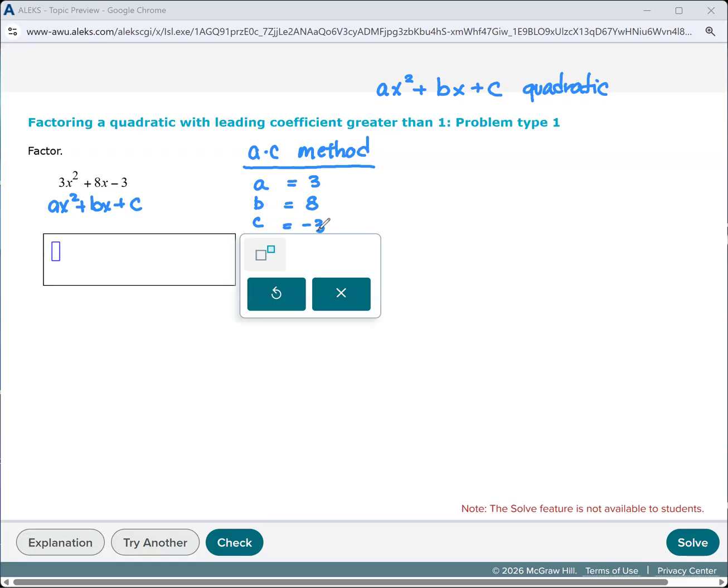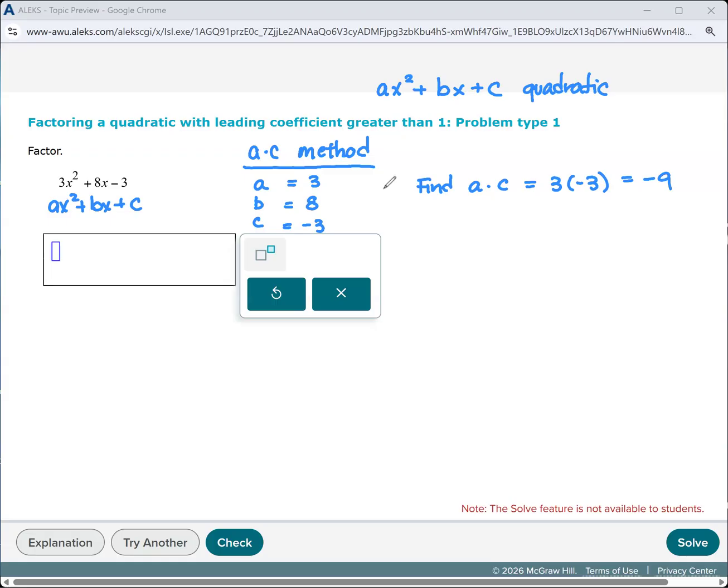Notice that it's only the coefficient. There are no variables involved in this. So the first thing we're going to do is find a times c, which in our case is 3 times a negative 3, which gives me a negative 9.